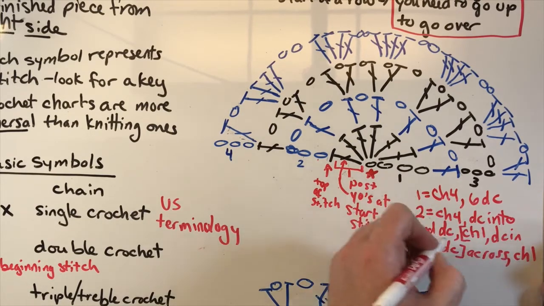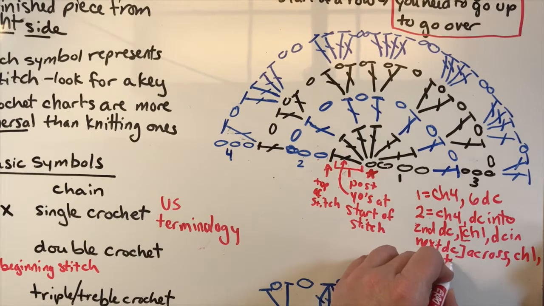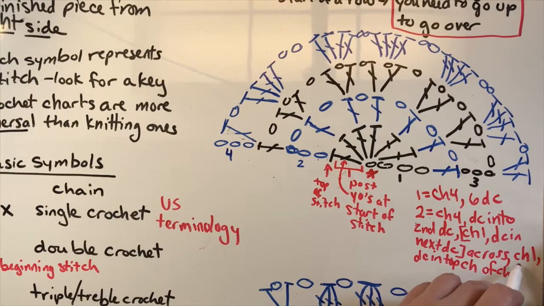Chain one, double crochet in top chain of chain 4 below. That won't fit.